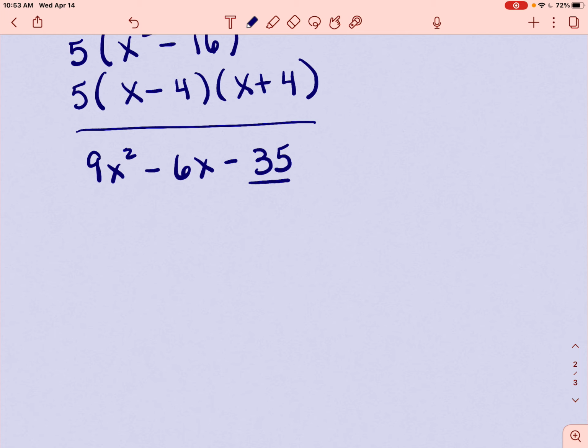And so we're just going to need to factor this the good old-fashioned hard way, because we have an A and a C. So we're going to do 9 times 35 is 315. And we take a deep breath because that looks intimidating, doesn't it? Use a calculator to help me grab some factors.